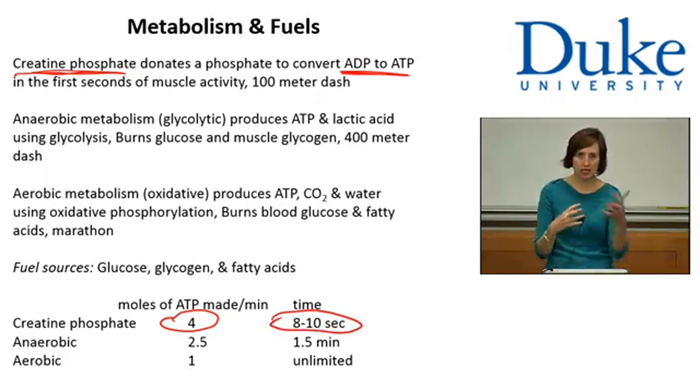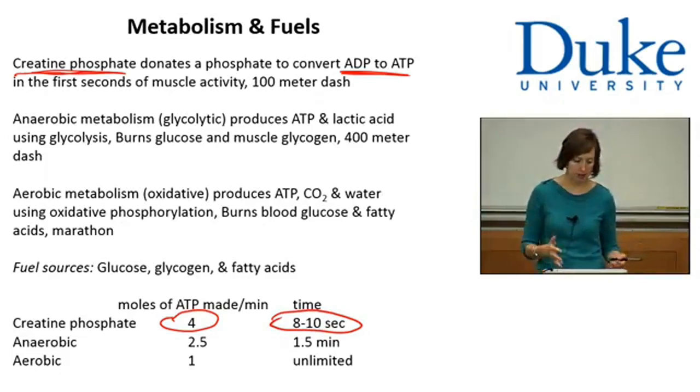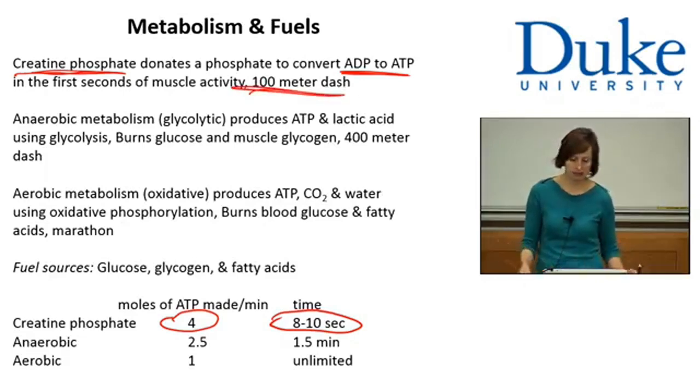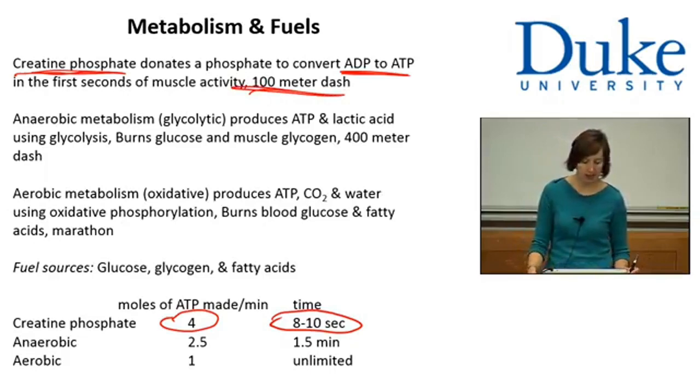So the first 8 to 10 seconds of exercise, creatine phosphate will be a major contributor to the production of ATP, which means that you're going to use it primarily when you're doing something like a 100-meter dash that lasts about 10 seconds.